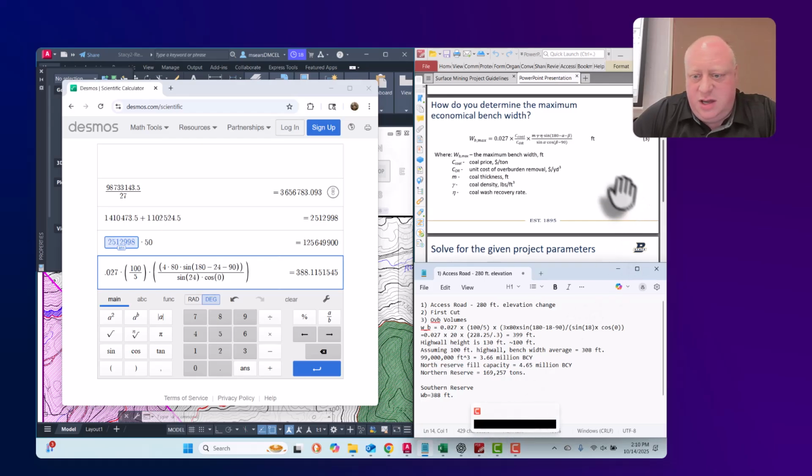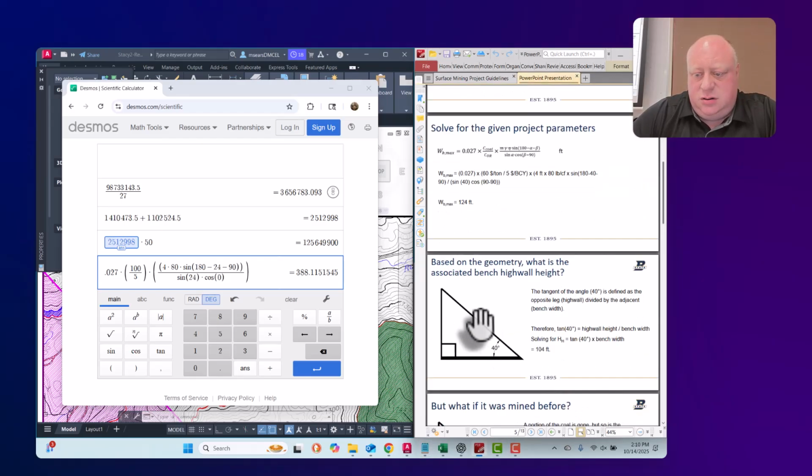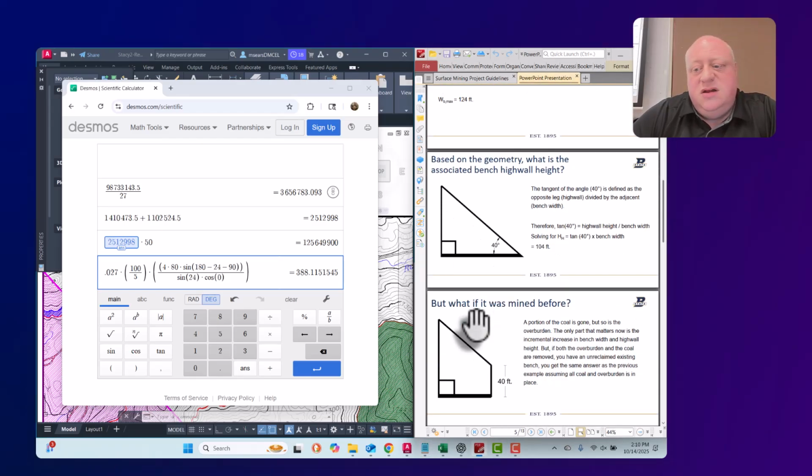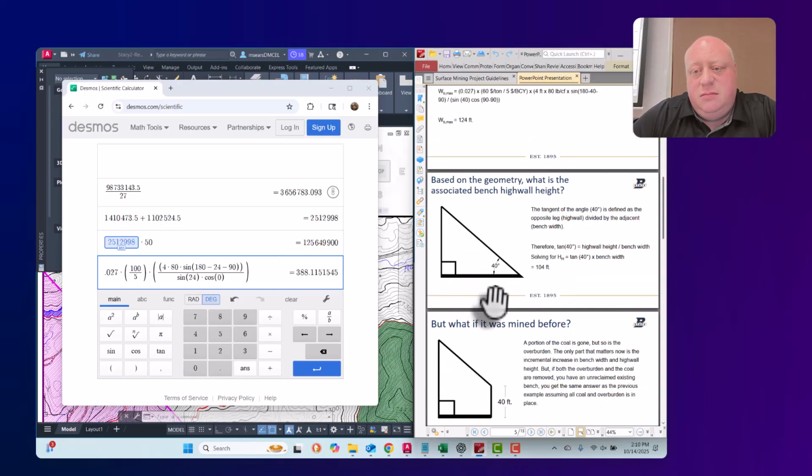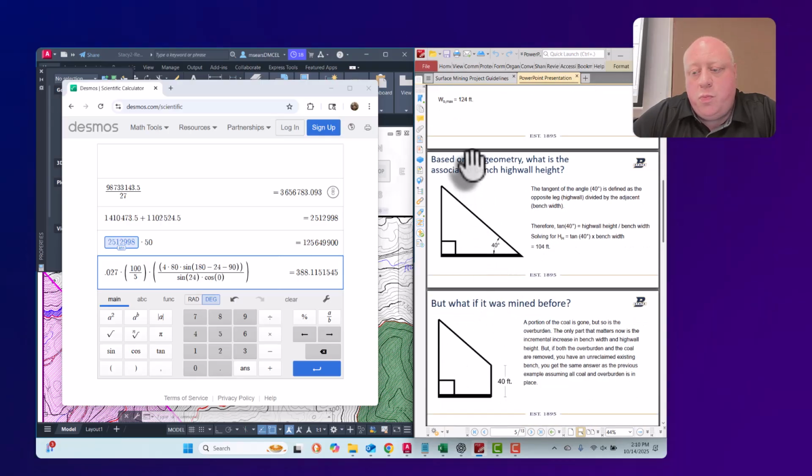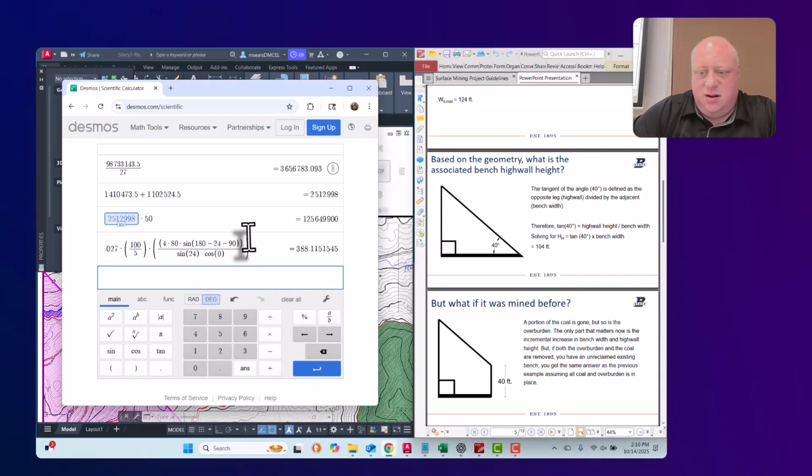And if we remember, the height is then the tangent of the slope angle multiplied by the bench width. So let's take the tangent of 24 and multiply that by our bench width, which was 388 feet.